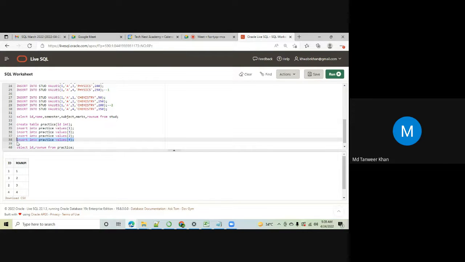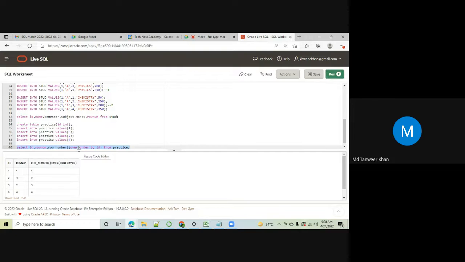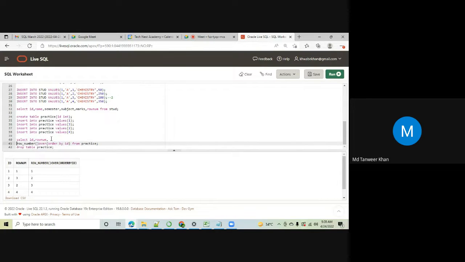Okay, is that clear? But suppose I give you row number over, and I mention here order by ID. What is the meaning of this? This has a specific meaning: row number over order by ID. So the way the SQL engine will look at this, it understands that the user wants to sort by ID. So first of all, it will sort all the IDs in order.